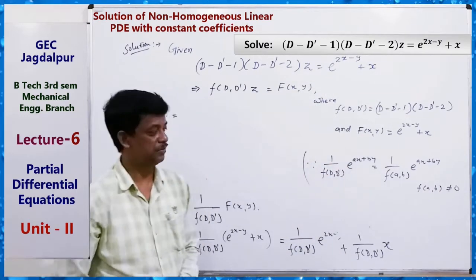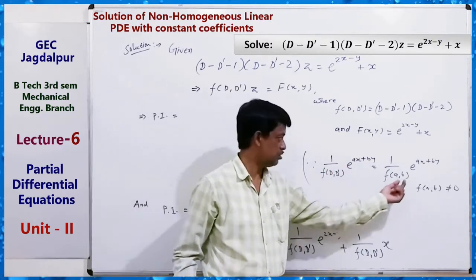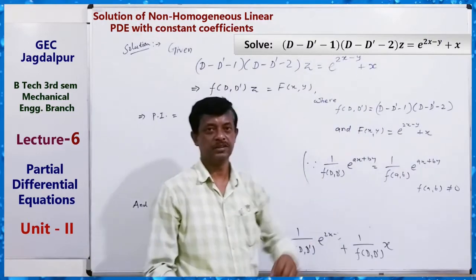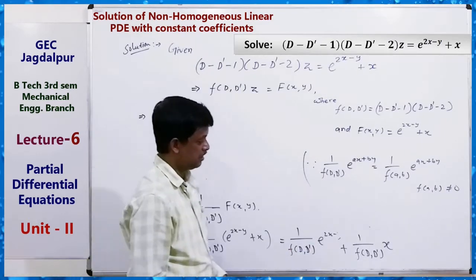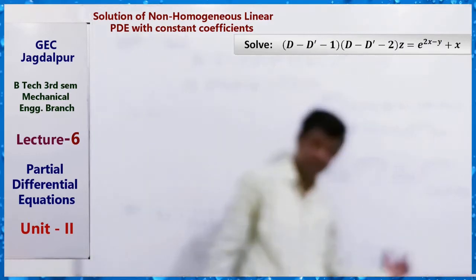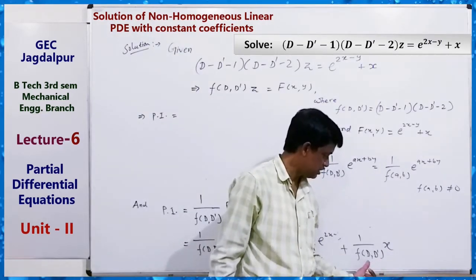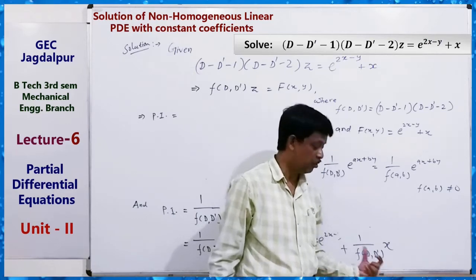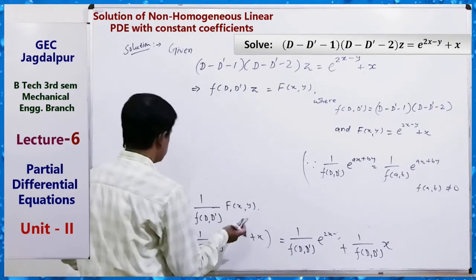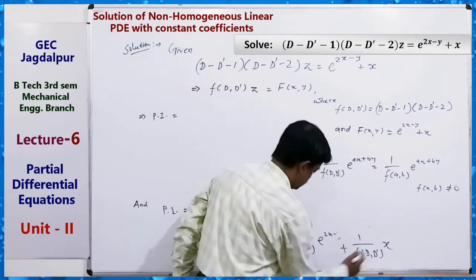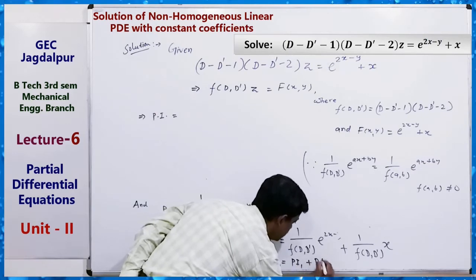We know this formula, put a here and b here. So here we can use that part. And for the second part, x to the power m, we have to express this as a binomial expression, then operate on x, and we can get the result. So take this as PI1 and this as PI2. So PI equals PI1 plus PI2.